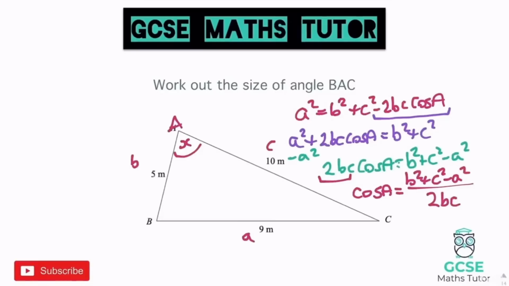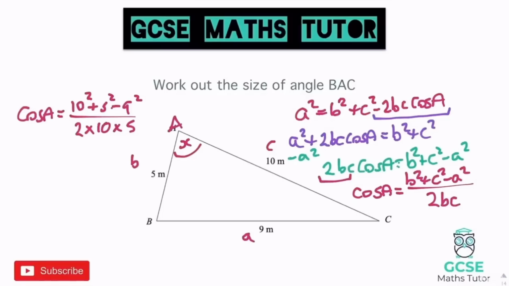So plugging in all these numbers then just into my formula there, we'll get cos A equals b squared plus c squared, so 10 squared plus 5 squared, minus a squared, so minus 9 squared, all over 2 times b times c, so 2 times 10 times 5. Nice and easy typing that into the calculator, so fraction button, 10 squared plus 5 squared, minus 9 squared, all over 2 times 10 times 5.